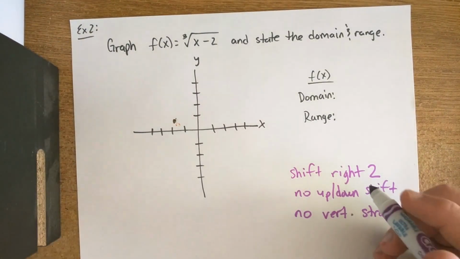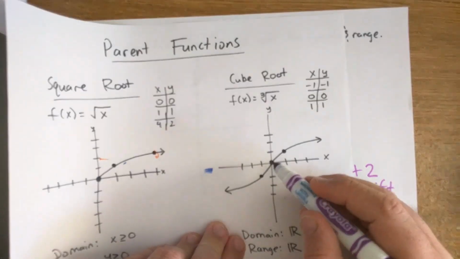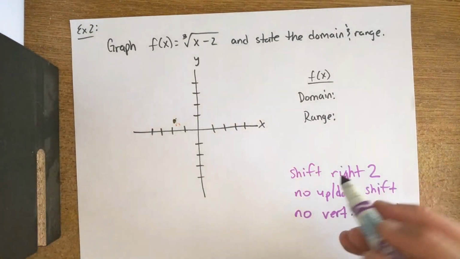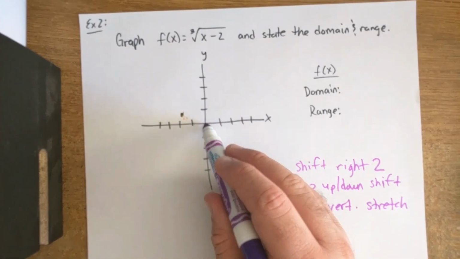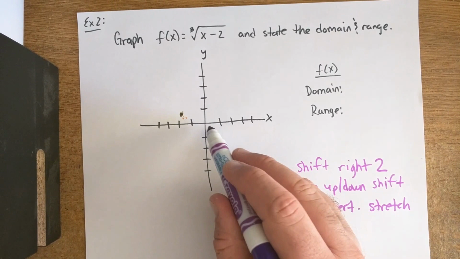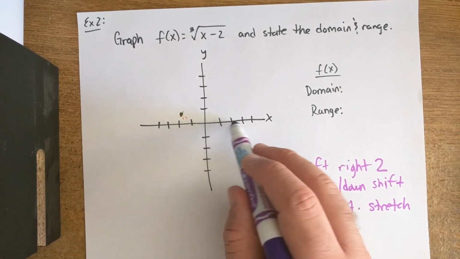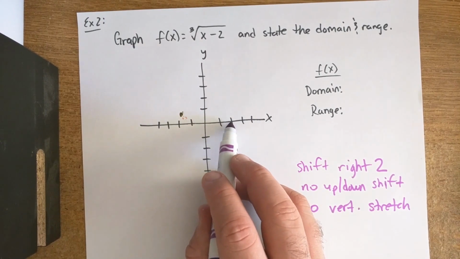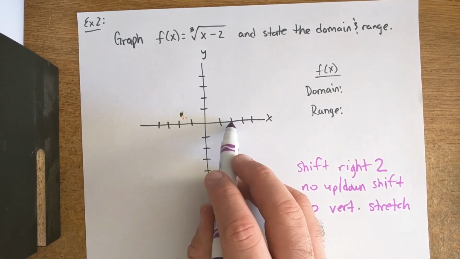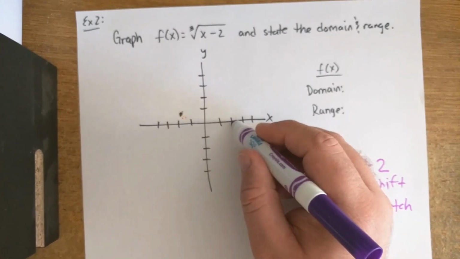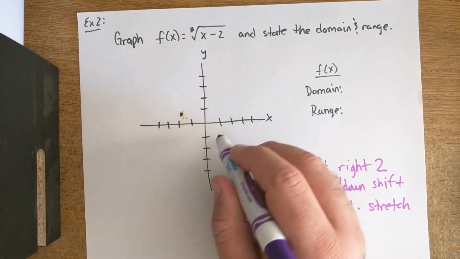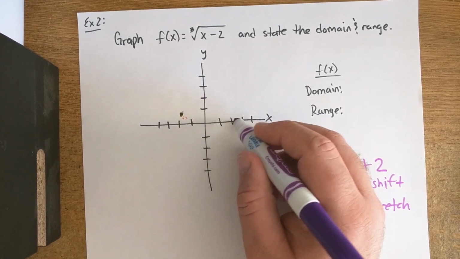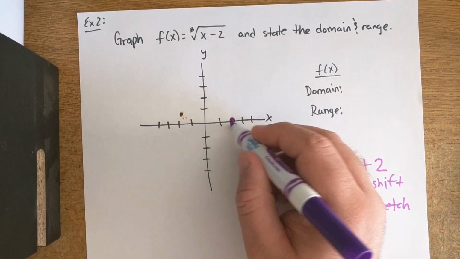So our starting point is still the origin, 0, 0. But we have a shift right of 2. So we're at 0, 0, but now we're going to go right 2. And then we check, do we have any up or down shift? Well, this problem doesn't. If it did, we would keep going. We wouldn't stop here. But because we don't have an up and down shift, we only have a shift right 2. Here's our point.